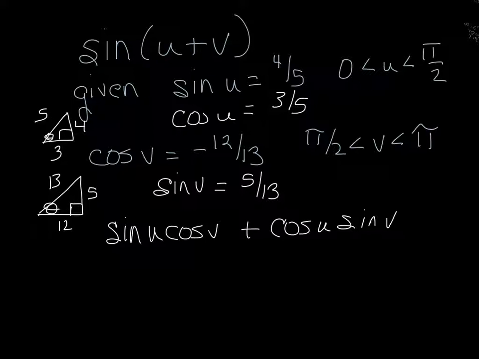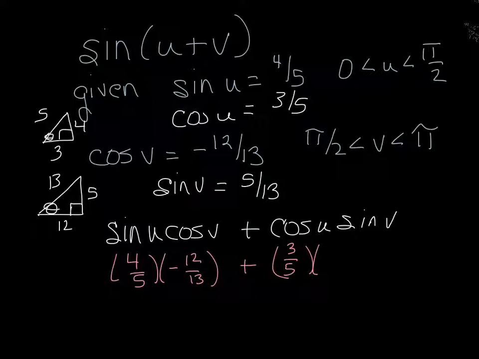It's just 4/5 times the cosine of v, which is negative 12/13, plus the cosine of u, which is 3/5, times the sine of v, which is 5/13.